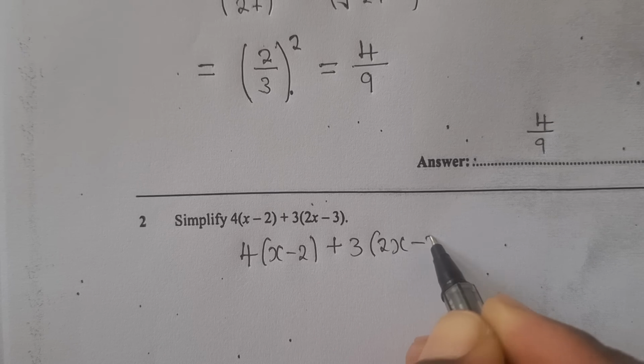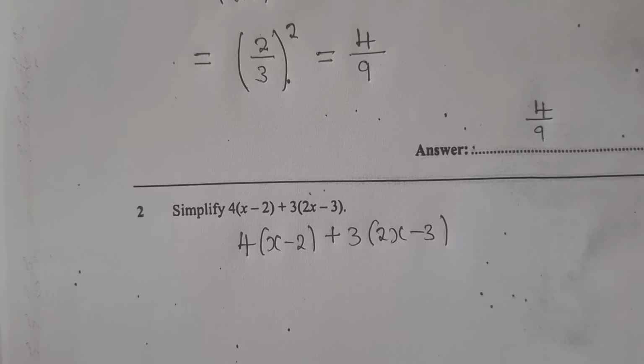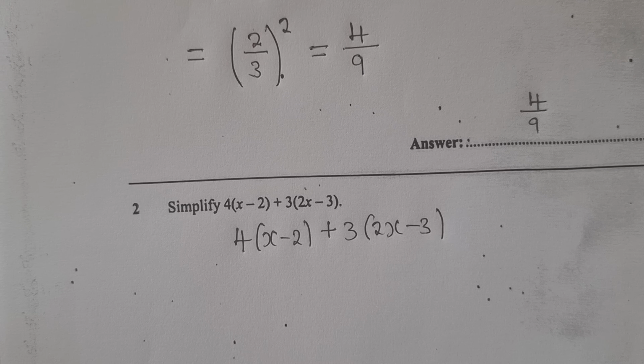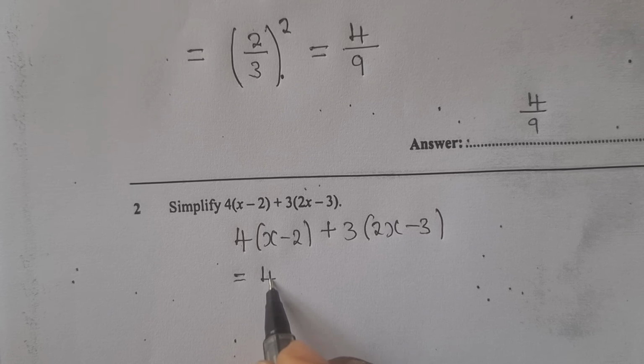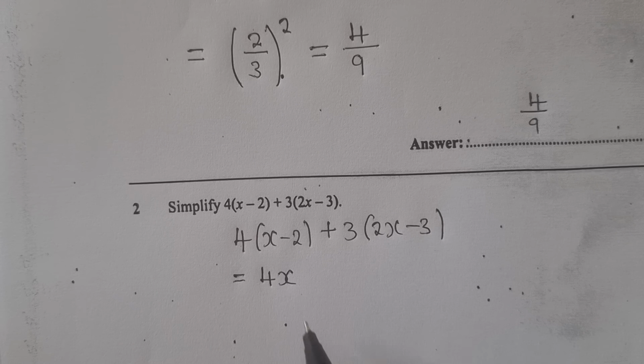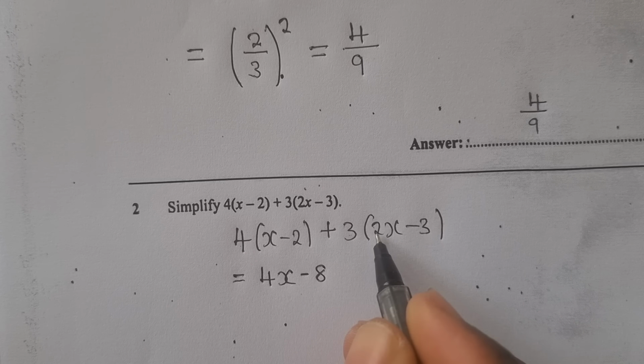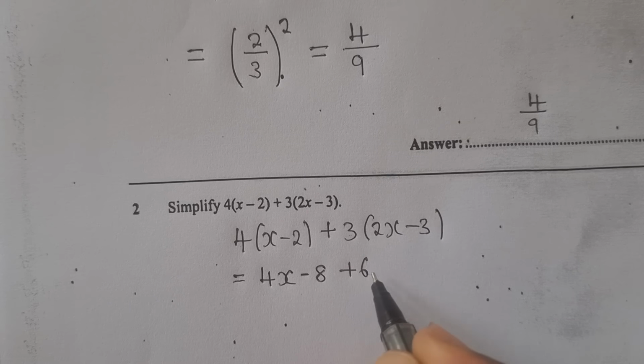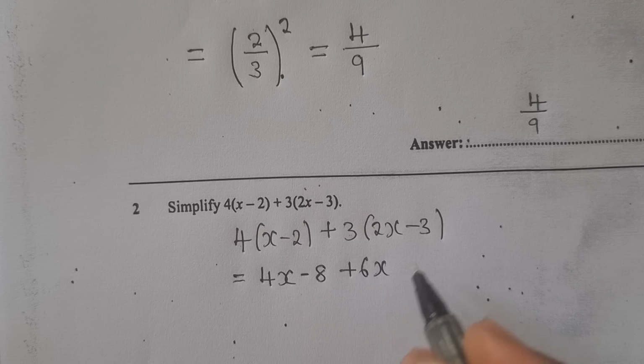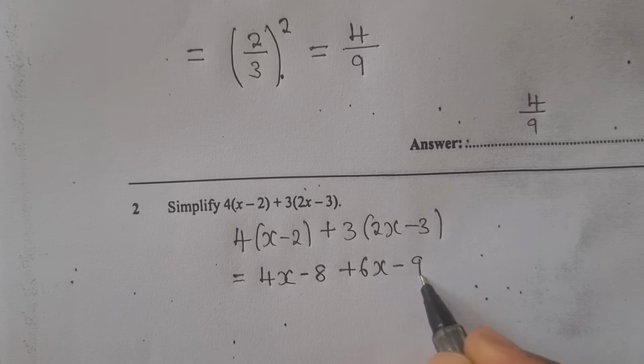And then after copying, you now apply your mathematical rules. So 4 times x will give us 4x. 4 times negative 2 will give us negative 8. 3 times 2x will be 6x. 3 times negative 3 is negative 9.